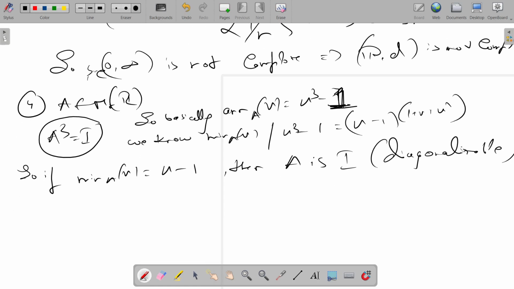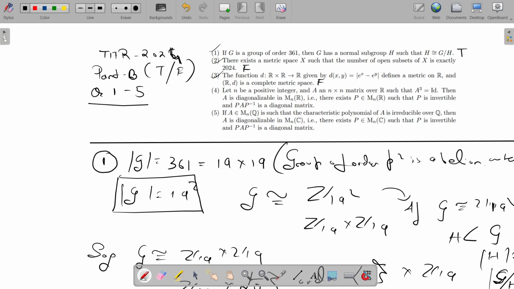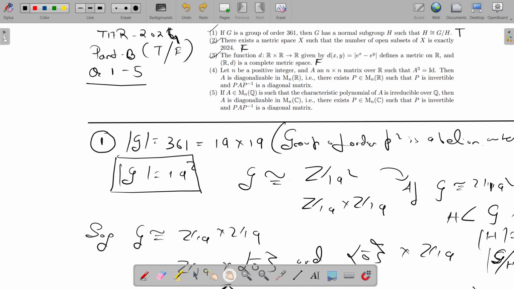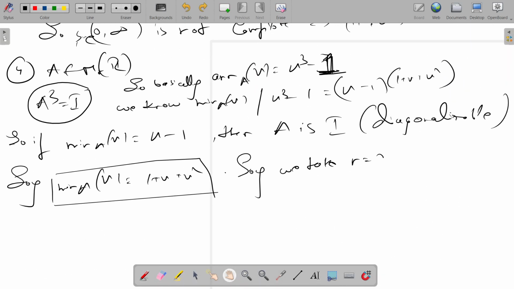But say the minimal polynomial of A is 1 plus x plus x squared. Let's take n equals 2. Then the characteristic polynomial will also be 1 plus x plus x squared.